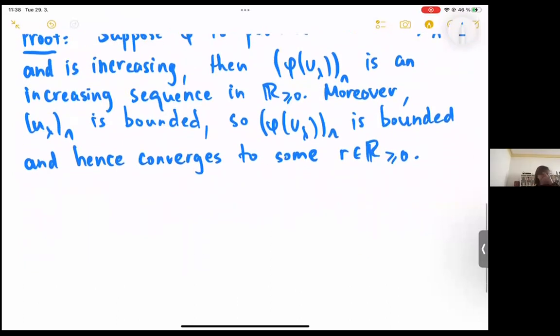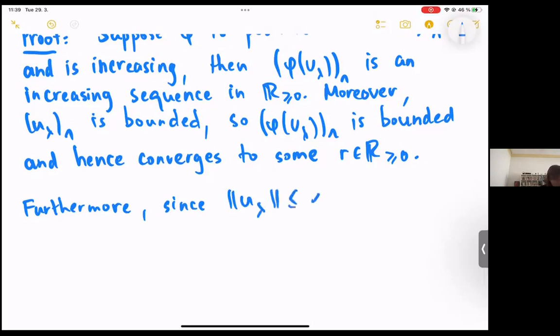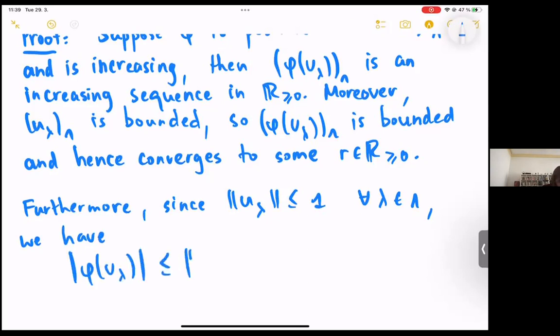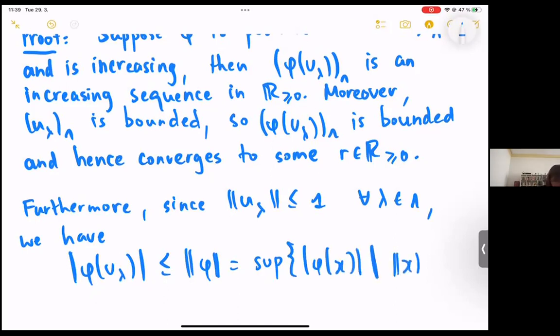Okay. We also know that our elements u lambda will have norm at most 1, which means that this will be bounded by the norm, since recall, this norm is nothing but the supremum of all of these absolute values with x at most 1.